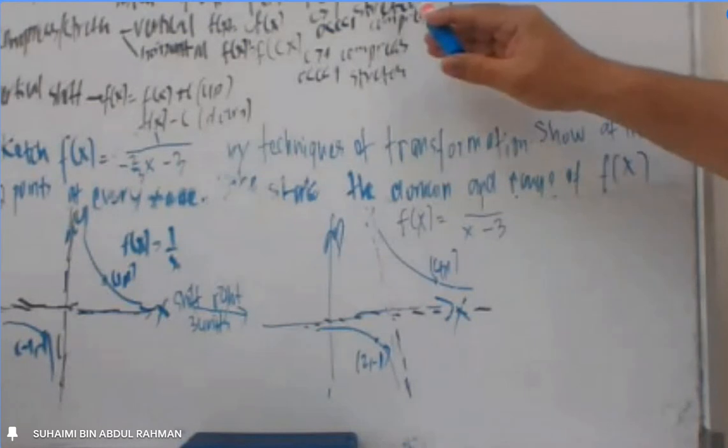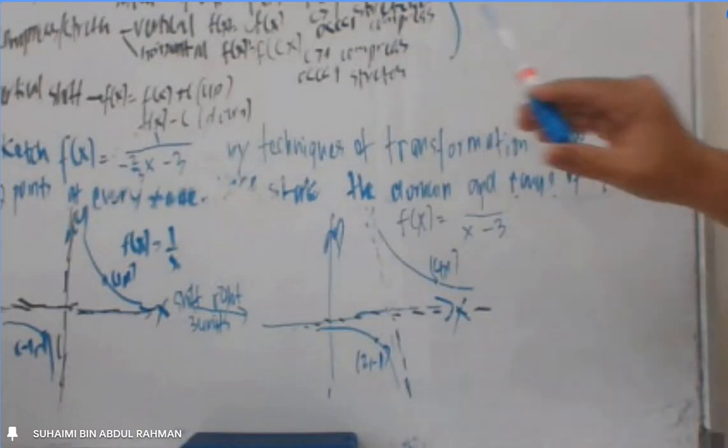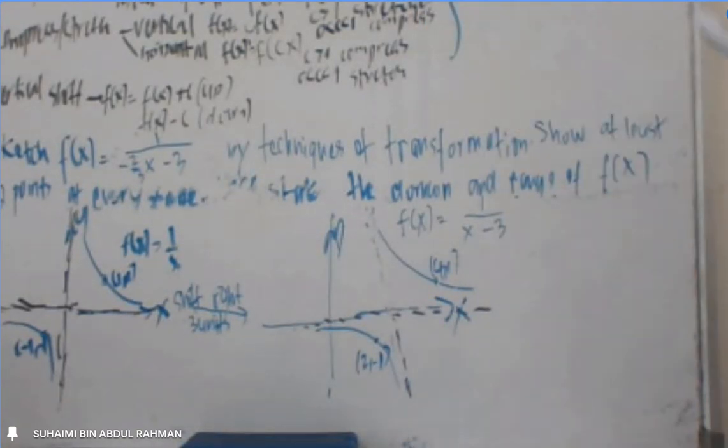Either we do reflections or we do compress and stretch. It does not matter because they can be interchanged. Let's say if we do reflection first, reflect about the x axis or the y axis? Or we say we do compression first, right? Doesn't matter. We do compression first.